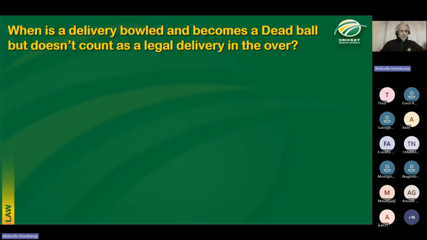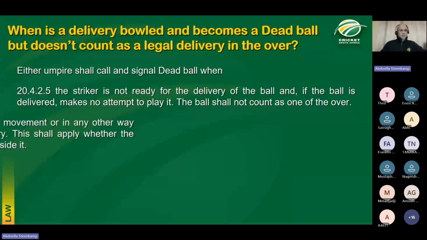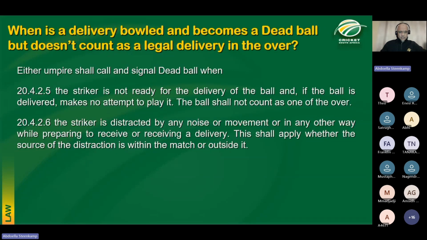When a delivery is bowled and the ball becomes dead but doesn't count as one of the legal deliveries in the over, we covered this last week, but let's go over it again. First, if the striker is not ready for the ball and makes no attempt to play at the ball, you call and signal dead ball, and that ball will not count as one in the over.